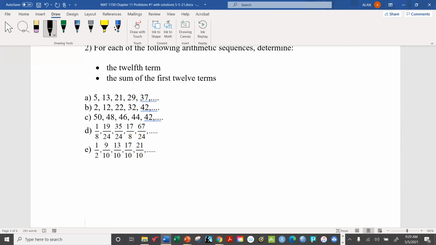And then next week, basically, we would need to do 2 things. We would need to do the second chapter 11 problem set, which covers what we're about to do, and then the sample final itself, which covers chapter 4, chapter 5, and chapter 11. And when that's done, you'll be completely ready to do the final exam.